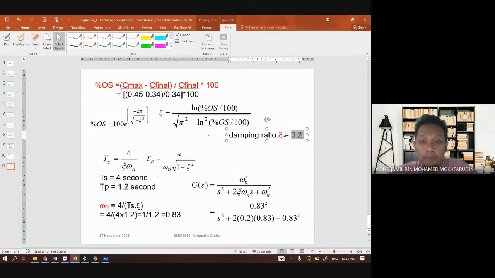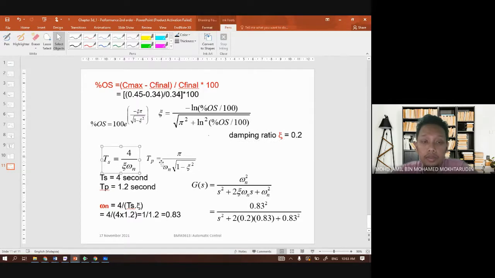Now you have your damping ratio, then you can find the natural frequency omega n. So for the formula, you can either use Ts or also Tp. But first, you need to determine Ts and Tp from the graph, okay? So the easiest time characteristic is T peak, okay?